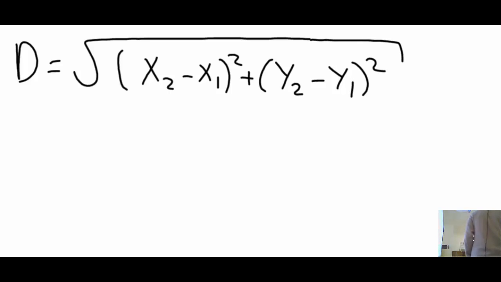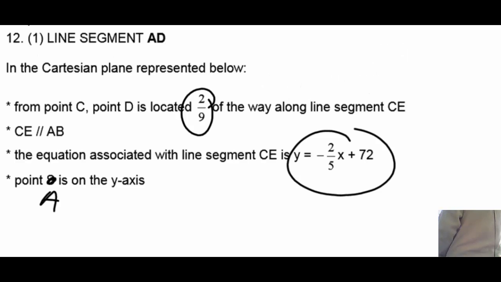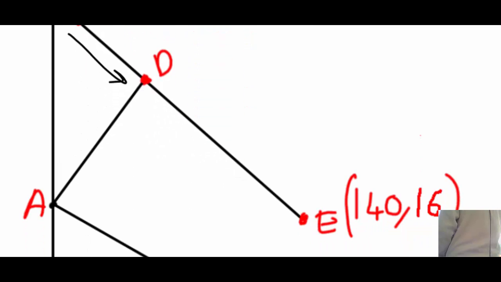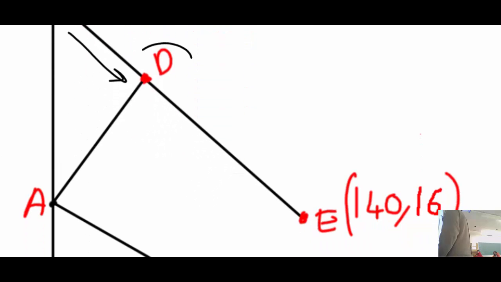So this is the distance formula. You need to write this down, but that means you need to know the coordinates of D and the coordinates of A. If you find the coordinates of A and D, you use the formula and you'll be able to complete the question. Now let's worry about D.